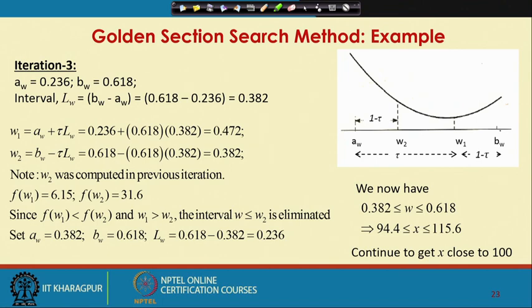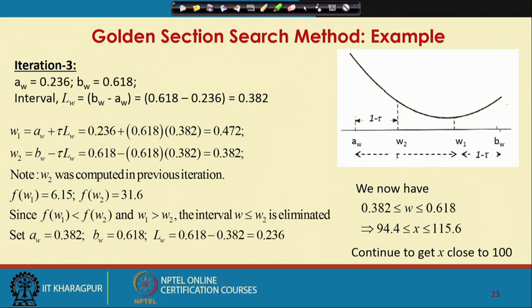So, we have now been able to limit w between 0.382 to 0.618, which in terms of x becomes 94.4 and 115.6. So, the minimum has been bracketed between 94.4 and 115.6.